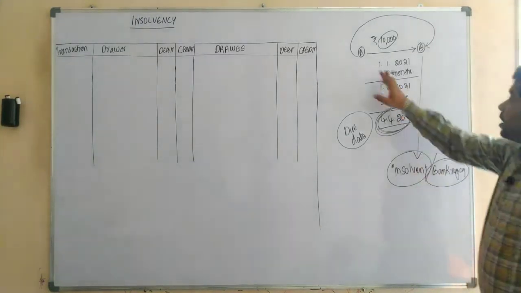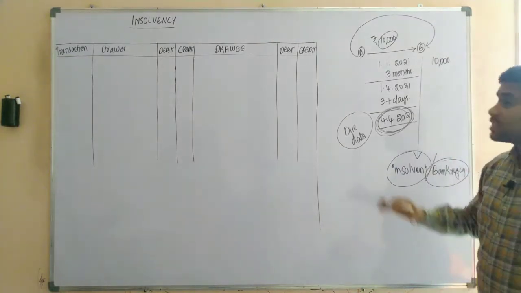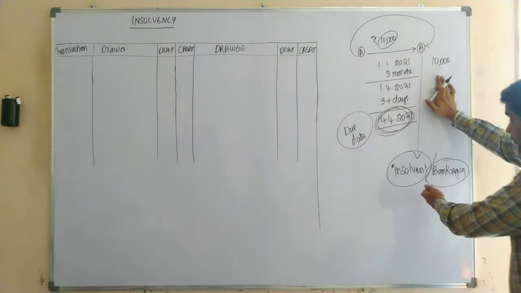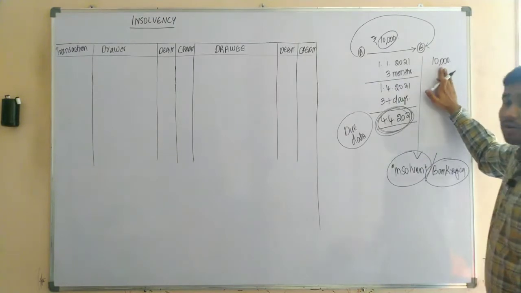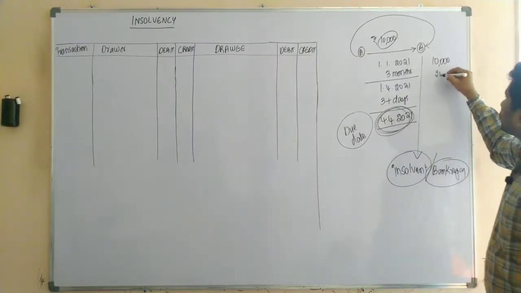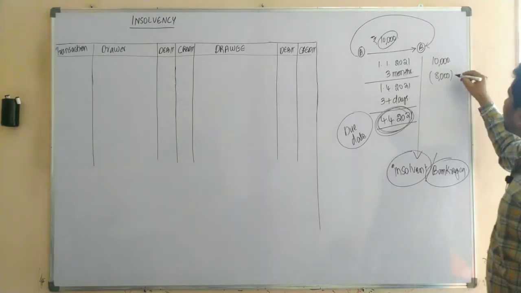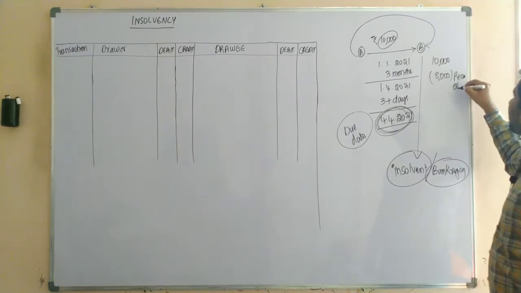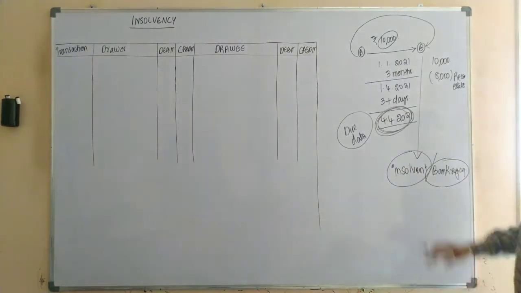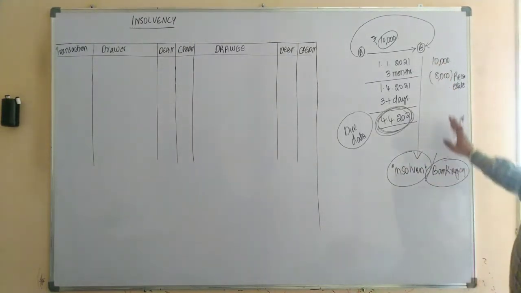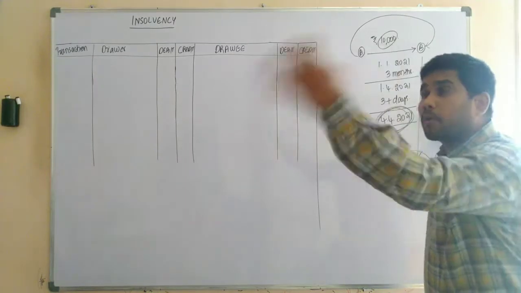So let us understand what happens in our example. How much is Mr. B supposed to pay? 10,000 rupees. As Mr. B went bankrupt, Mr. A needs to receive 10,000 rupees, but let's say only 8,000 rupees were recoverable from B's personal property.